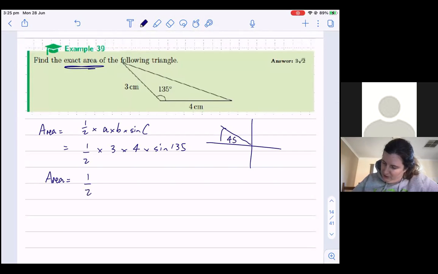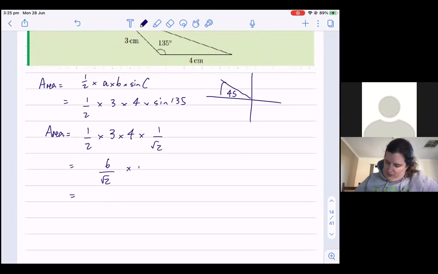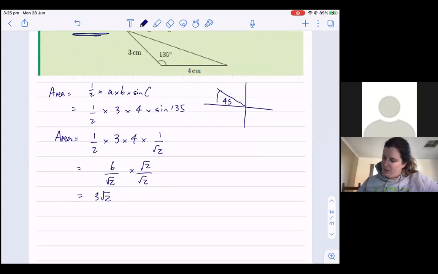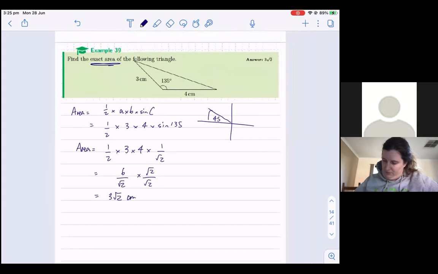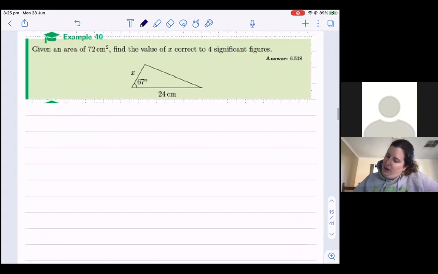So we've got half times 3 times 4 times sine 45, which is 1 on root 2. So we've got 6 on root 2, which is the same as 6 root 2 on 2 or 3 root 2 centimeters squared. How big's your patio? 3 root 2 centimeters squared. Well, not centimeter, you know what I mean.